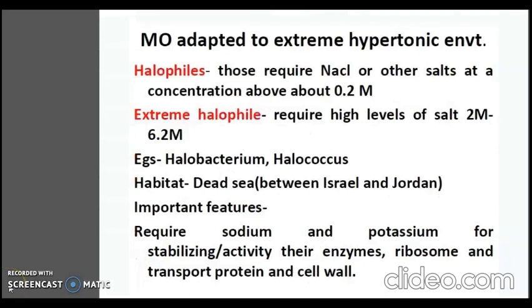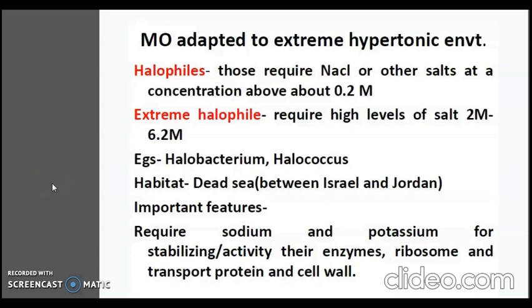Organisms which require high salt concentration for optimum growth are referred to as halophiles. They almost require sodium chloride or other salts at a concentration above about 0.2 molar. Extreme halophiles require high levels of salt ranging between 2 molar to 6.2 molar.